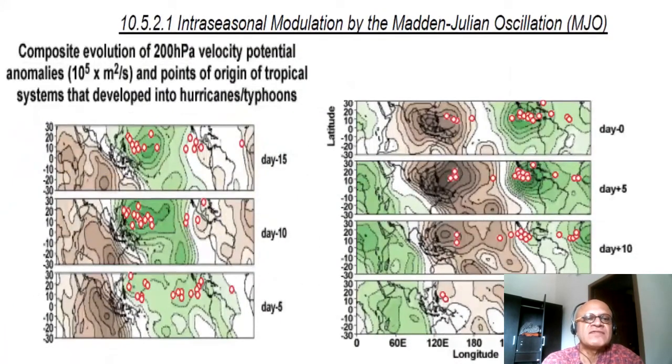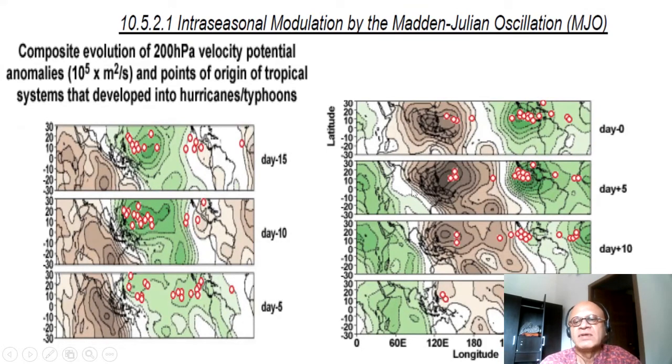This is the figure showing composite evolution of the 200 hectopascal velocity potential anomalies in 10 to the 5 meters squared per second, and points of origin of tropical systems that developed into hurricanes or typhoons. So you can see here we are looking at basically phasing with respect to the MJO convective and dry phases.